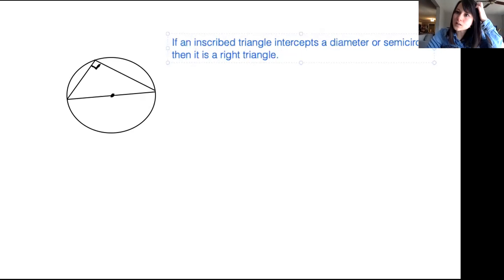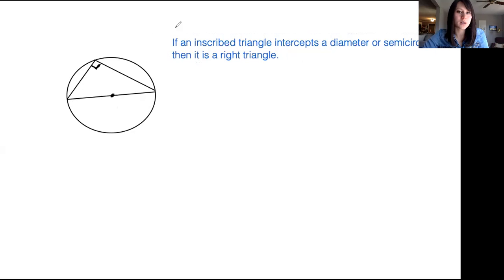So really what that's saying is if your inscribed triangle ends up having a diameter or creates like a semicircle, then this triangle is a right angle. So that can help us solve missing angles if needed.